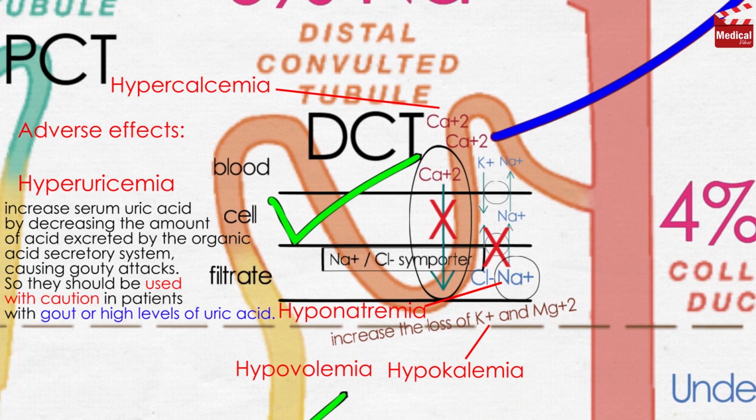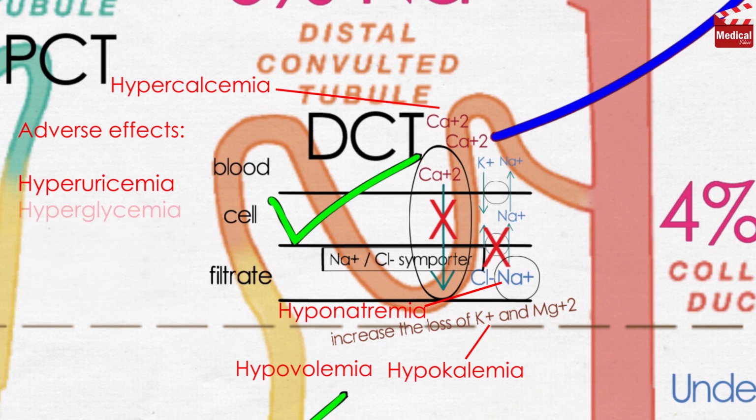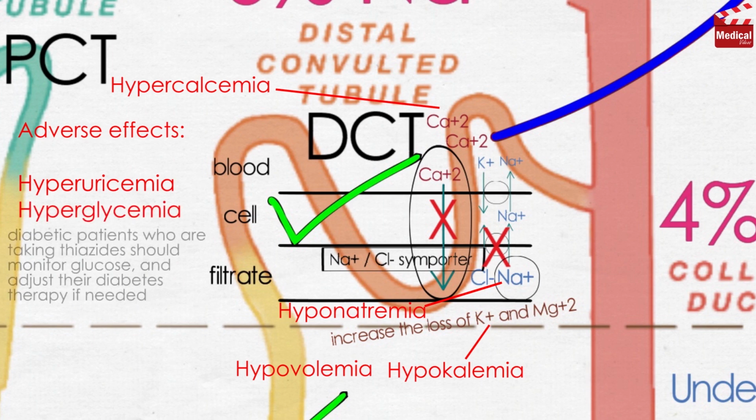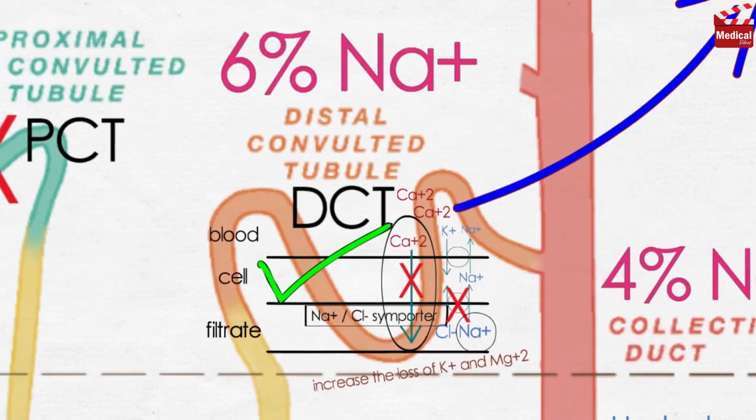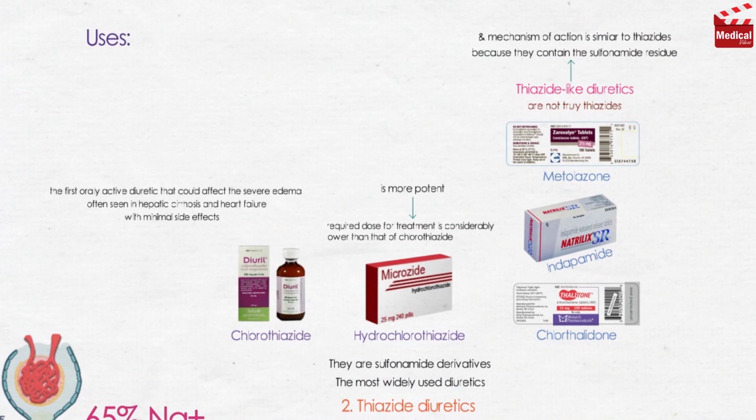So they should be used with caution in patients with gout or high levels of uric acid. Thiazides can cause hyperglycemia and glucose intolerance, so diabetic patients taking thiazides should monitor glucose, and adjust their diabetes therapy if needed.